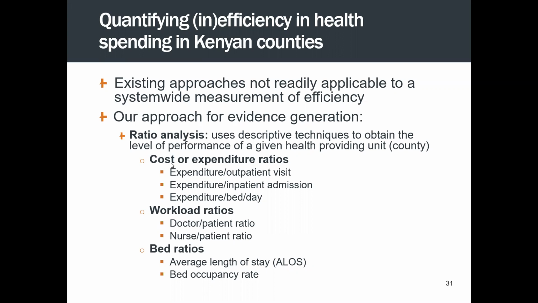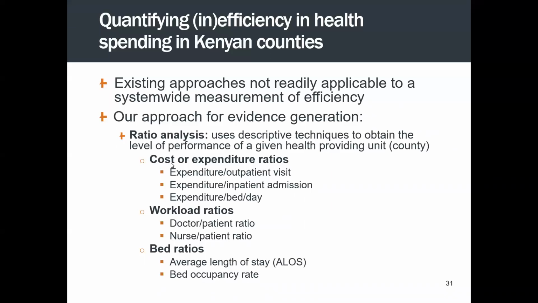So our approach is to use simple and descriptive techniques to obtain a level of performance of a given health providing unit, and in this case, we are talking about counties. And then we interrogate those ratios to be able to see where we can improve in terms of technical efficiency.